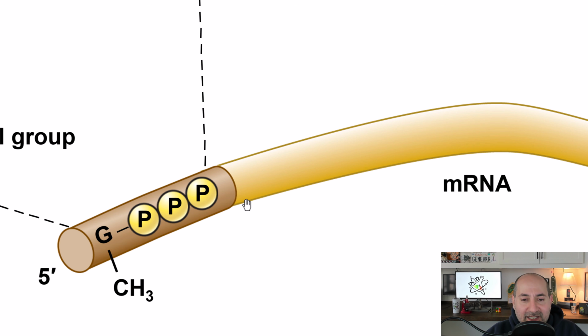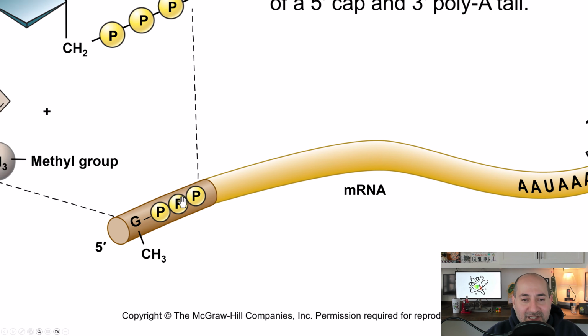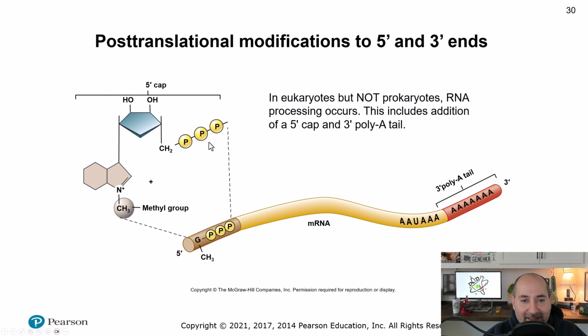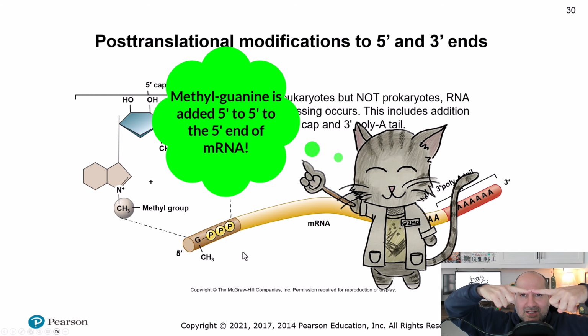Now, what's strange is that this methyl-guanine is added 5' to 5'. What that means is these 5' phosphates on this methyl-guanine are connected to the 5' phosphate on the mRNA. Isn't that weird? So it's like a reverse joining.